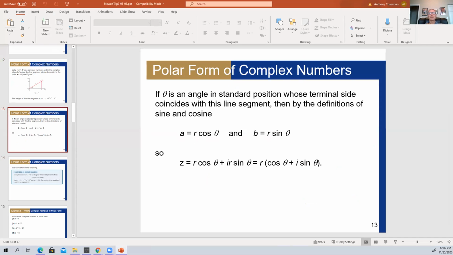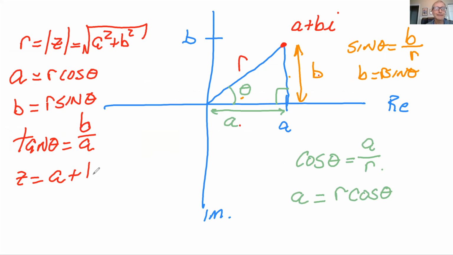So to finalize our representation, if we have z equals a plus bi, what do we do? Well, if we plug in what we have for a, we would have a equals r cosine of theta plus, what's b?